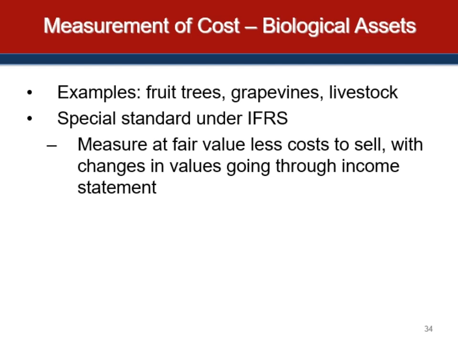So essentially, these biological assets are recorded as they grow and produce fruit or beef or whatever it might be. The fair value less the cost to sell would be measured, and you could actually record the asset value at that value. If the fair value is not reliably available, then cost less accumulated depreciation and impairment losses would be used in that case.